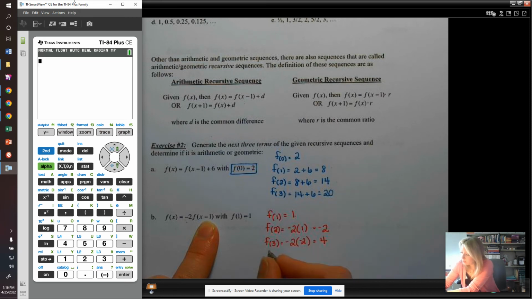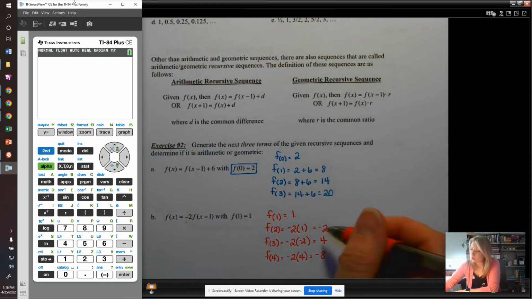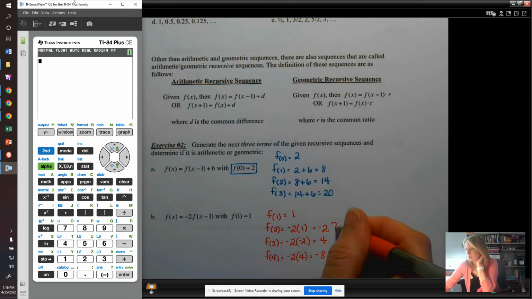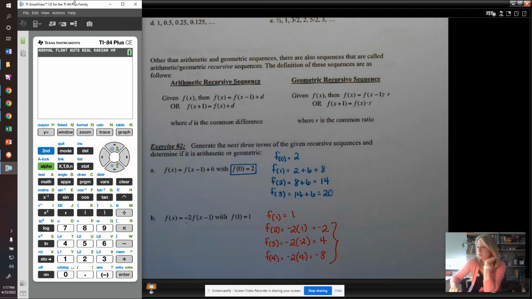Now, to find the fourth term, I take -2 times this term to get the next term. You can see how we're bouncing a little bit there, but this is geometric for these three terms. Notice these three terms were term 2, term 3, term 4, because we were asked to find the next three terms.